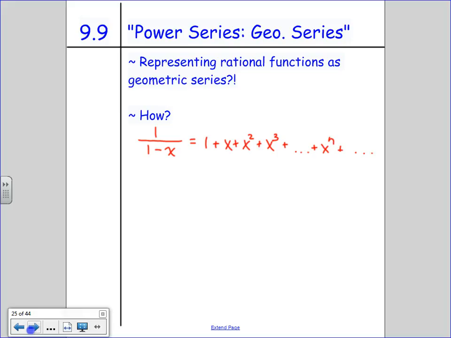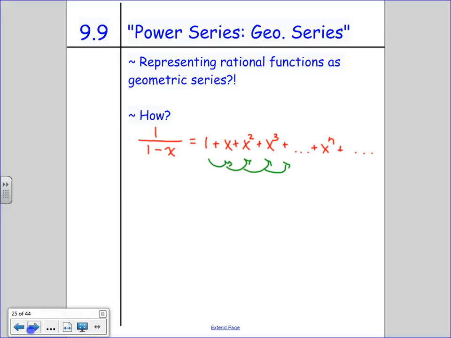Wait a minute. Is this a geometric series? Yes. Why? Because it just multiplies by x. I have a common ratio, and that common ratio every single time is times x.